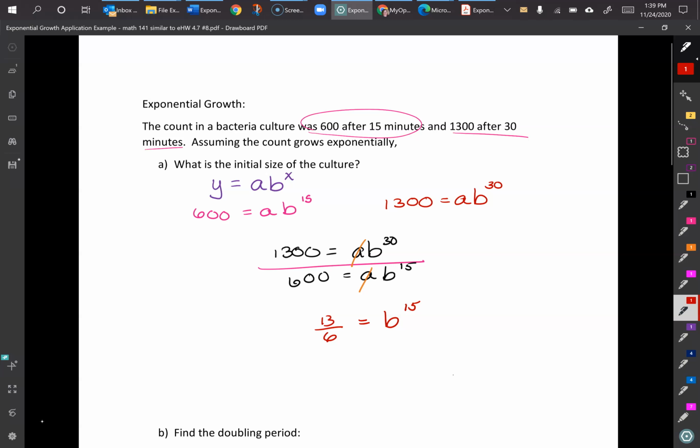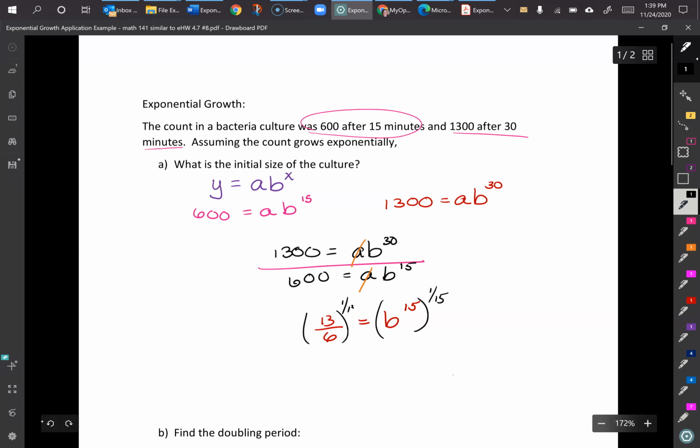Now to solve for B, I need to raise each side to the 1/15th, or take the 15th root. If I estimate on a calculator, that's not going to give me as accurate an answer as if I just kept it in the fraction form to the exponent. But I am going to write what the approximation is here.